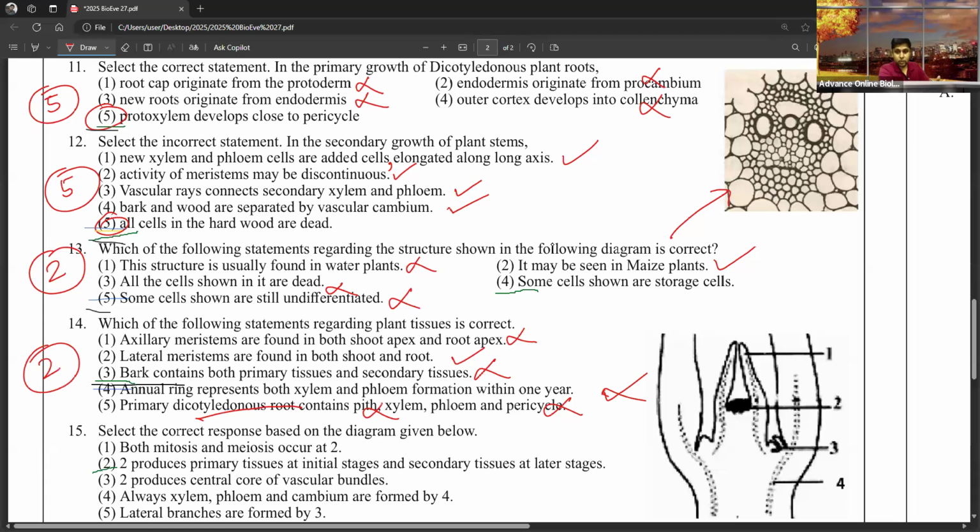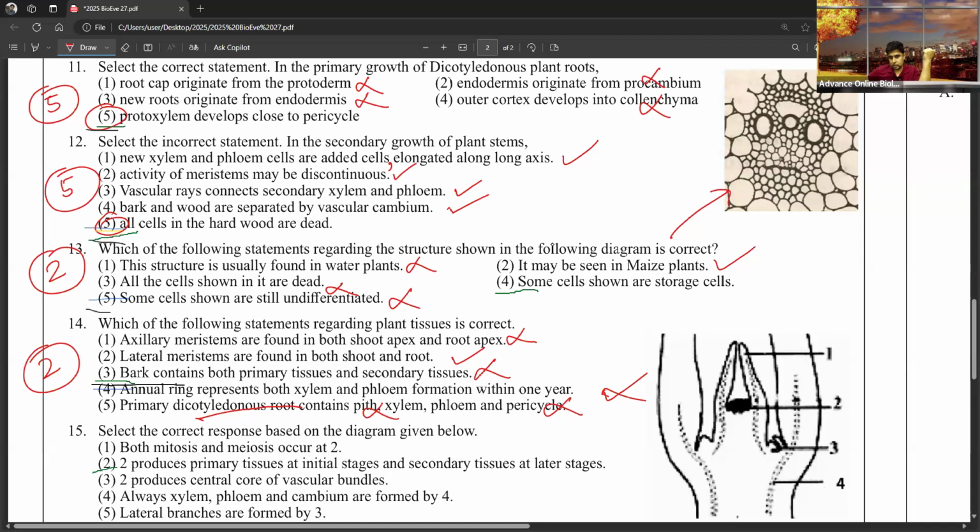Lateral meristems are found in both the shoot and the root. Second is okay. Right? Bark contains both primary tissues and secondary tissues.